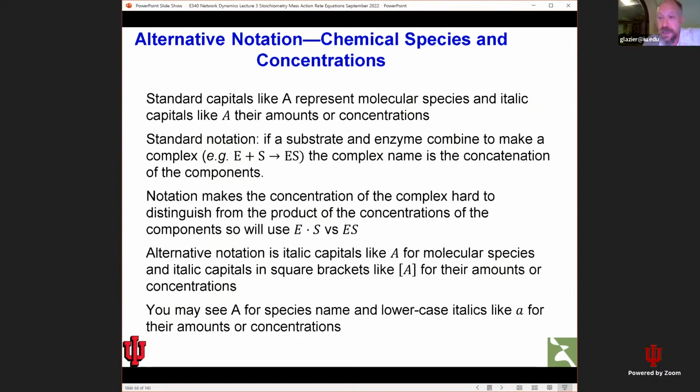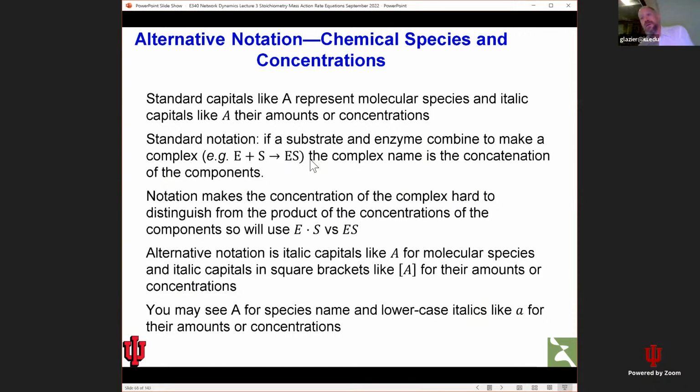One thing we're going to face now, notationally, is that in biochemistry, if I have a chemical reaction, E plus S makes a complex, E goes to F, where E and S combine, not covalently, but through hydrogen bonds, van der Waals, and ionic bonding, then it's traditional to write the complex just as ES.